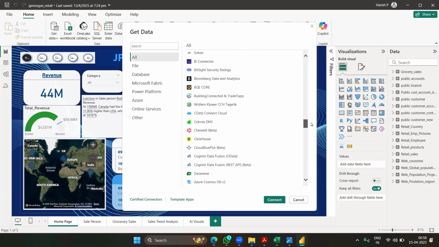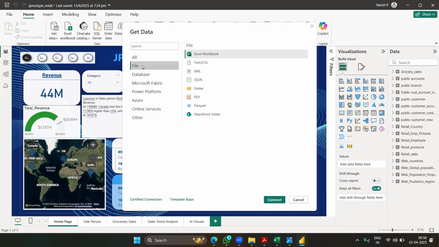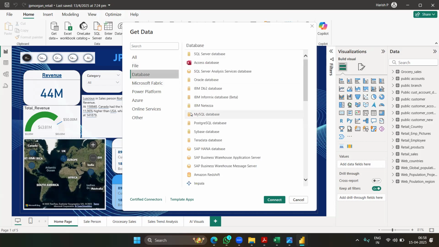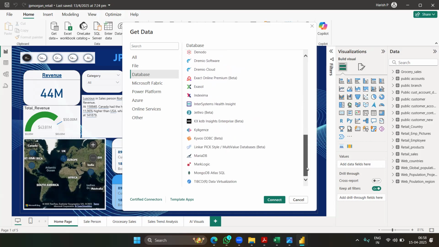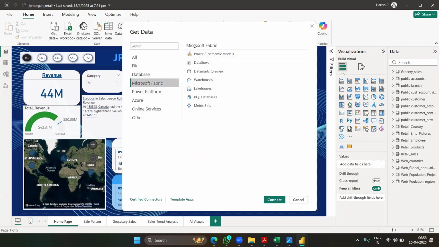You give us a name, we have the option to get the data and pull it. Category wise: files, Excel, text, XML, JSON, folder, databases. The majority of the databases are covered across the platforms. Microsoft related tools, dataflows, power platforms, right?